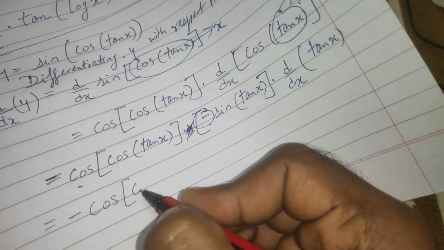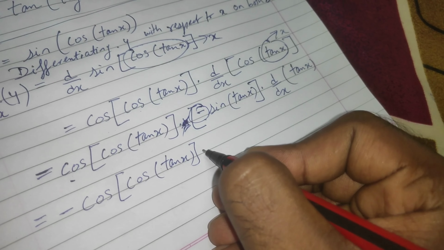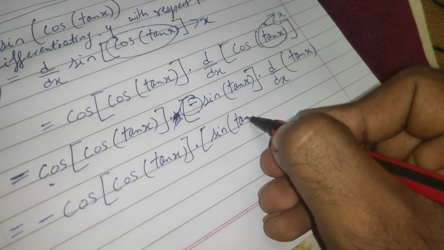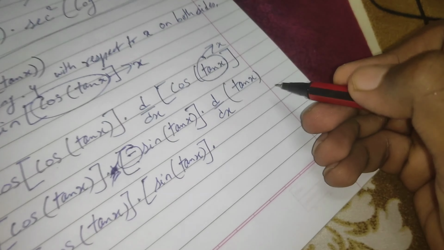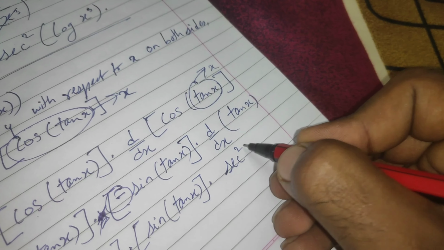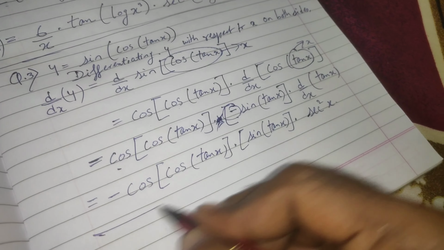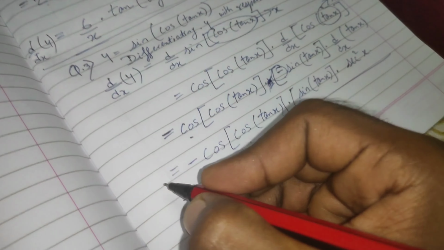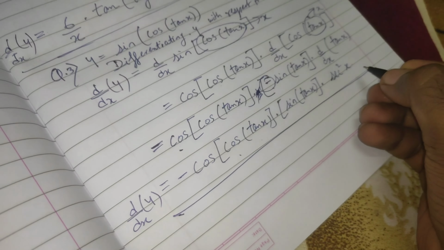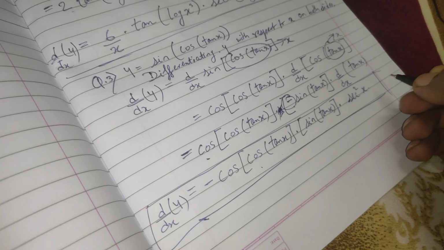So cos tan x into sine bracket tan x into derivative of tan x. We have the basic formula, which is sec square x. Okay, so here this is the answer. You have to write this d by dx of y in each step to get good marks.